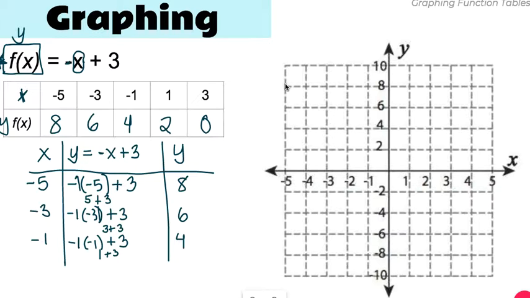If you want to take up a little more room, you can write your ordered pairs, or you can just graph them from the table. Then we have negative 3, 6. Negative 1, 4. 1, 2. 0, 3.